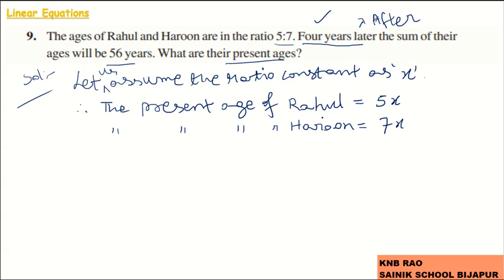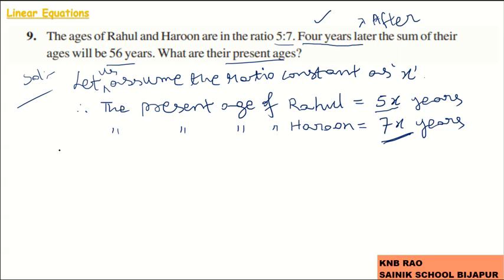Similarly, Rahul is at present 5x years, and after 4 years he will be 5x plus 4 years. Similarly, Harun is right now 7x years, after 4 years he will be 7x plus 4 years.